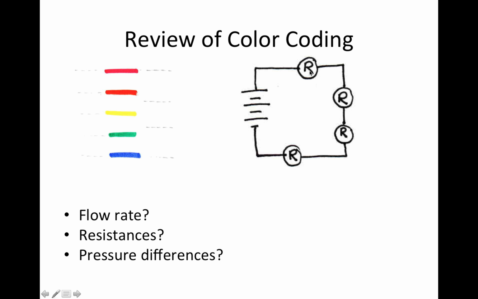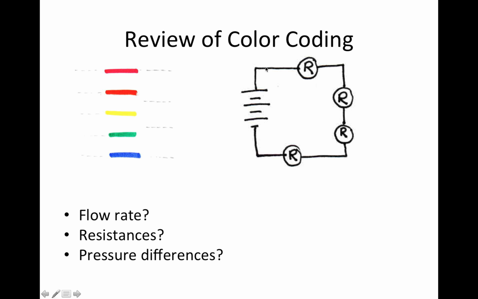So since we have the same flow rate and the resistances are the same, we can work backwards and conclude that the pressure difference across the first light bulb must be the same as the pressure difference across this one and this one and this one. As a result, we have 4 pressure differences that are all equal.